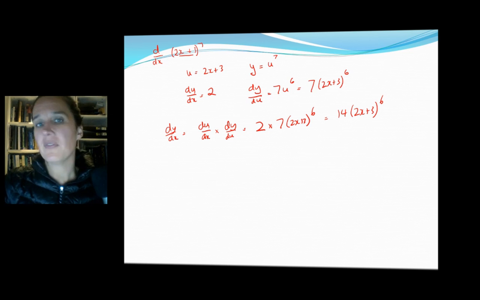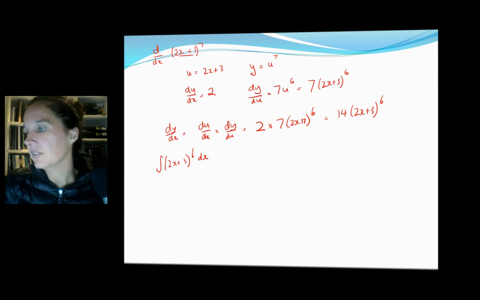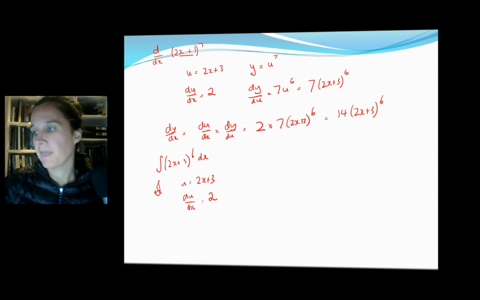So now we want to find the integral of 2x plus 3 to the power of 6 here. So here we go, okay, well this is our integral here where our u is equal to 2x plus 3. Our du on dx here is equal to 2.